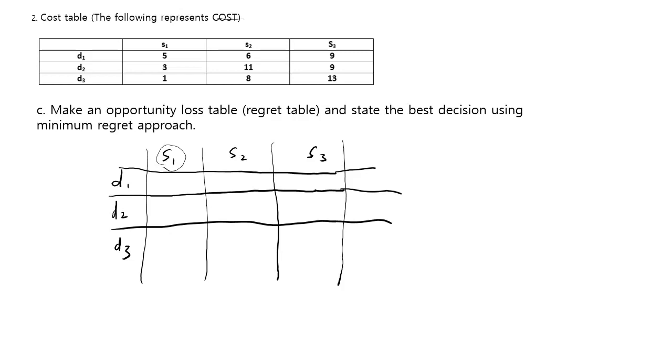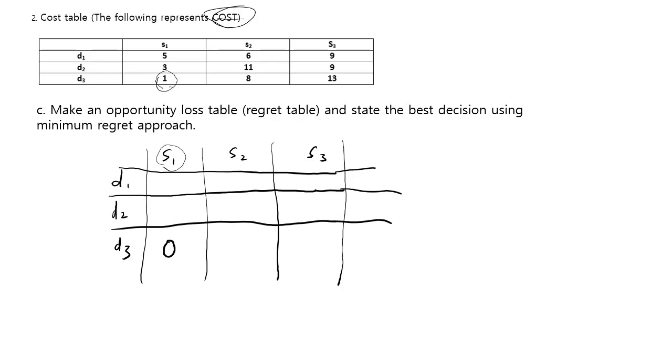Okay, so out of the 3 decisions, D1, D2, D3, for state of nature 1, you have 5, 3, 1. Who made the best decision? Remember, this is cost. For cost, the lesser number wins. So 1 is the lowest number, so he made the best decision. So what's his regret? He has 0 regret. The person who made the best decision has 0 regret.